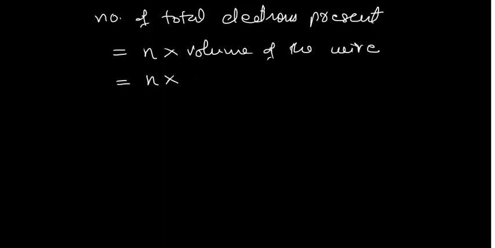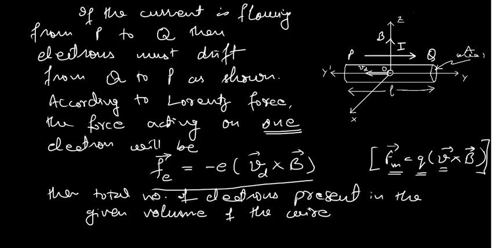What is the volume of the wire? Length into area of cross section. So the total number of electrons becomes nLA.